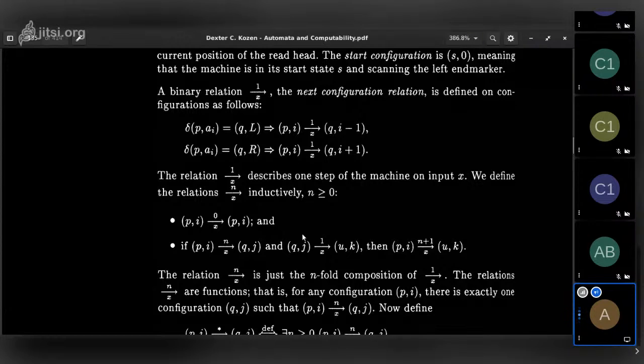Now for the given case we will illustrate it.